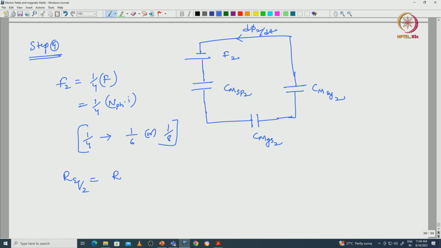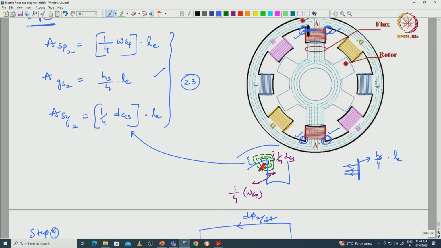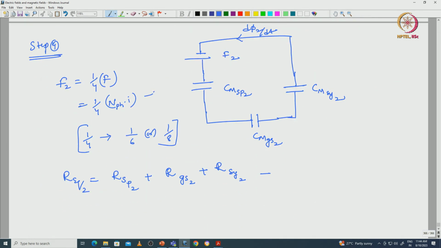Effective reluctance is equal to reluctance with respect to the stator pole, reluctance with respect to the stator slot region, and reluctance with respect to the stator yoke region. This is, earlier equation number 23, this is 24 and 25. How has this equation been derived?